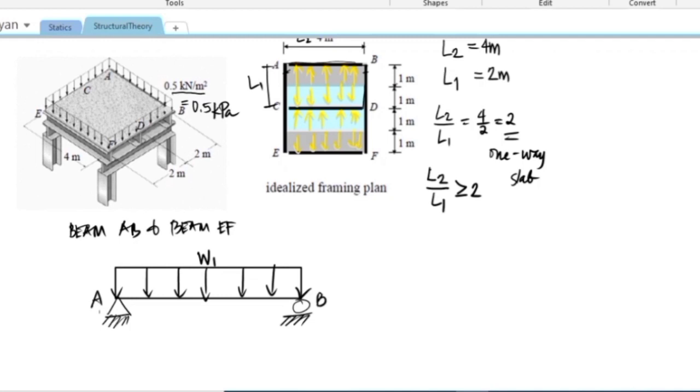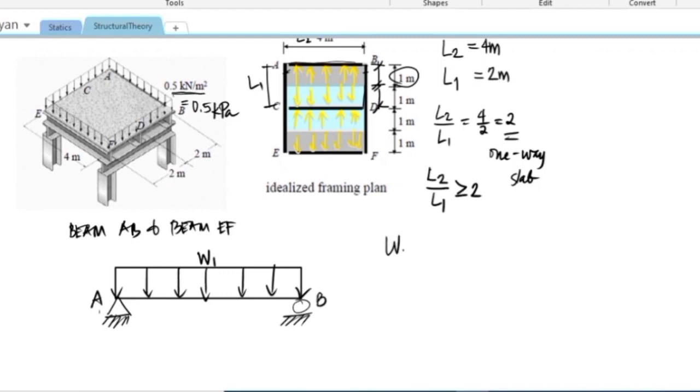So, from the idea of the tributary loading, since half of this, as we said earlier, will go to AB and half will go to CD. Therefore, this distance here is the multiplier for our load.